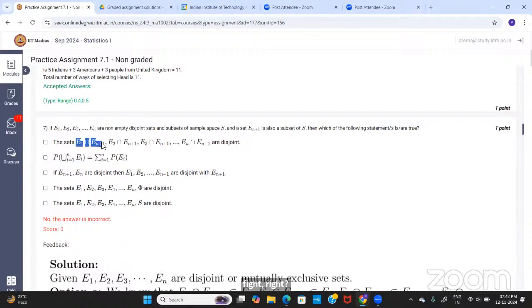This intersection will be the empty set, you are saying. Yes, all these are in intersection, so the resultant set will be empty, and that is not non-empty disjoint. Non-empty it is written.